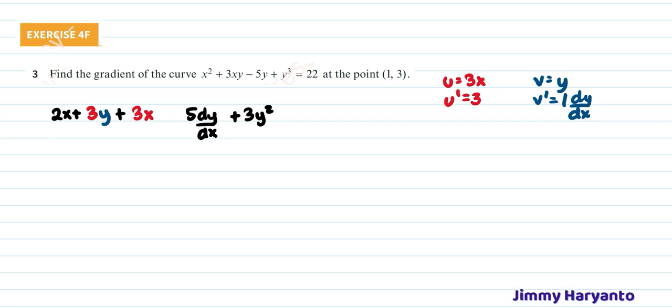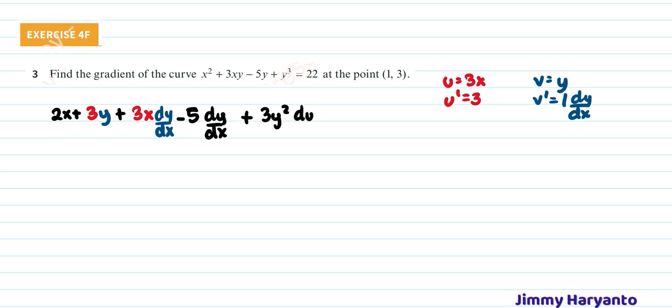Oh, this one we missed the dy over dx. Don't forget the dy over dx, yeah. I also usually forget that one. Negative 5 and then dy over dx, and then for the y cubed it will be 3y squared and then dy over dx. So don't forget that when you differentiate y, you have to put dy dx after you have the result.